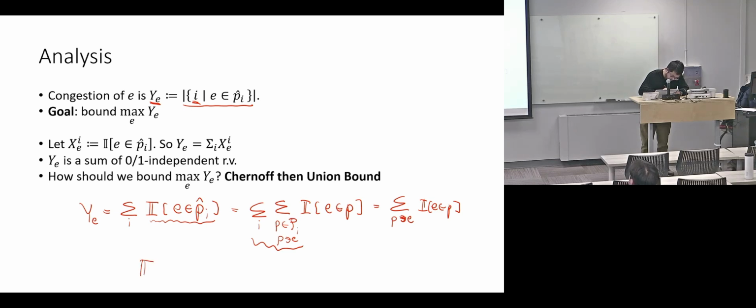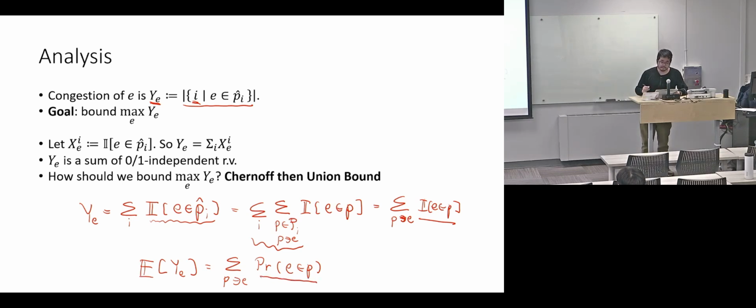So now you can just say that the expectation of Y_e is just a sum over P, P that contains e, and the expectation of this thing. So it's just like the probability that e is in P. What is this?